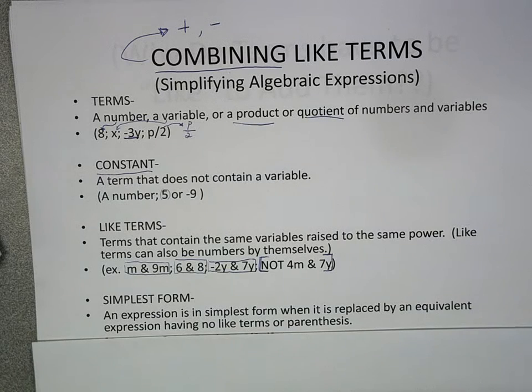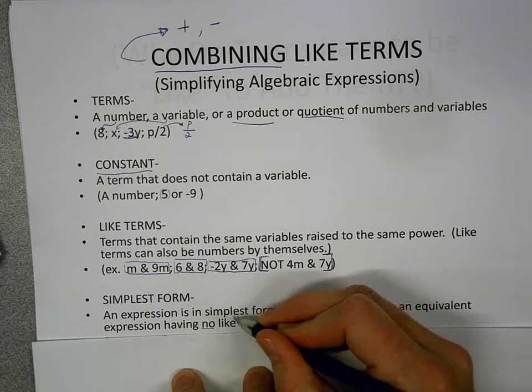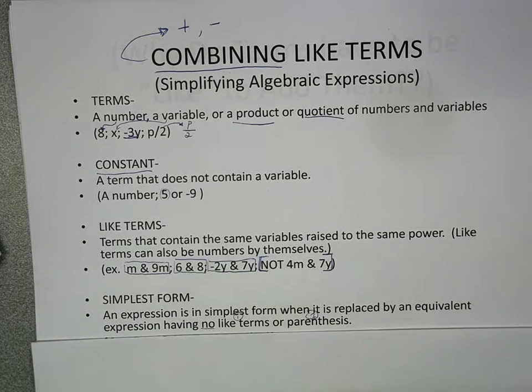An expression is in simplest form when it is replaced by an equivalent expression having, and there's two conditions, no like terms and no parentheses. So if you have an expression and it has either like terms or parentheses, you know it's not in simplest form. There's something that can be simplified in there.